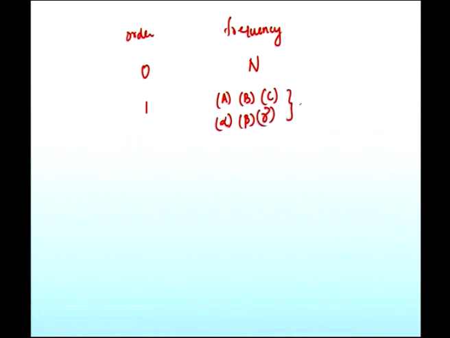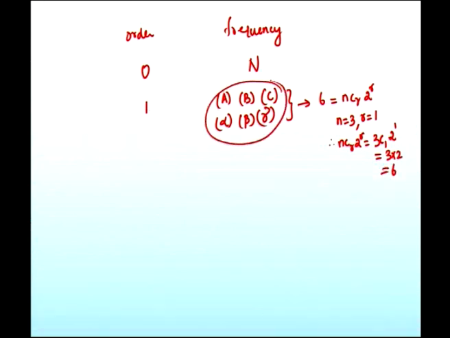So, this contributes 6 numbers. 6 is arrived as nCr into 2 power r, where n is equal to 3, r is equal to 1. Therefore, nCr into 2 power r gives you 3C1 into 2 power 1. So, 3 into 2 we get 6, and these are 6 in number.